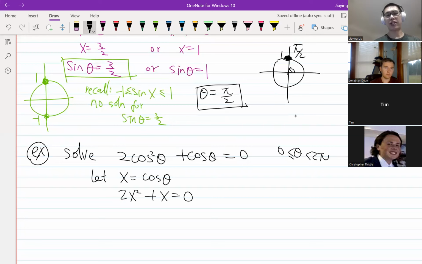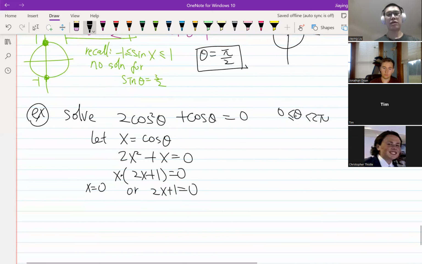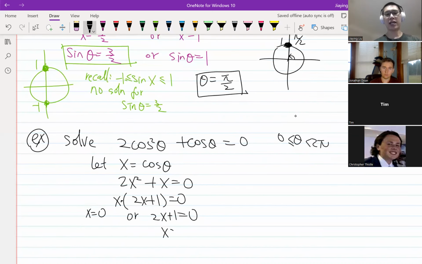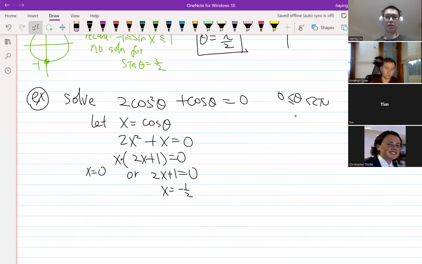Then we can factor out x. We get x times 2x plus 1 equals 0. Solve them separately. So x could equal 0, or 2x plus 1 could equal 0. The second equation tells us that x equals -half. But remember, x equals cosine in this problem. So that means cosine theta equals 0, or cosine theta equals -half.